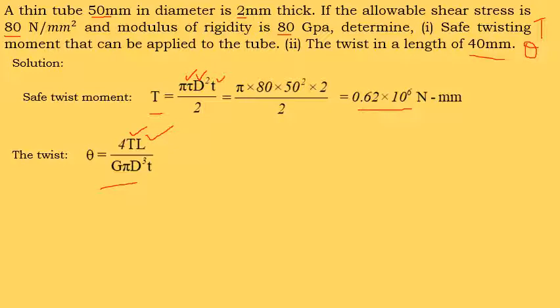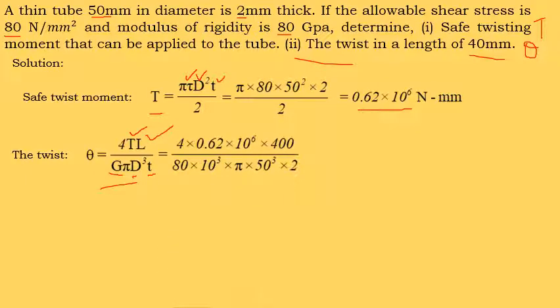It is given in the second condition of the question. Length is 40 millimeter, G value is 80 gigapascal, diameter is 50, thickness is 2. Substitute all the values and simplify. Theta value becomes 0.01599 radians. So we have to convert it into degree: 0.916 degree is the angle of twist.